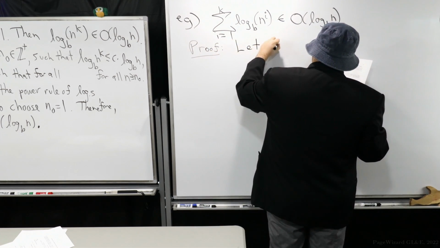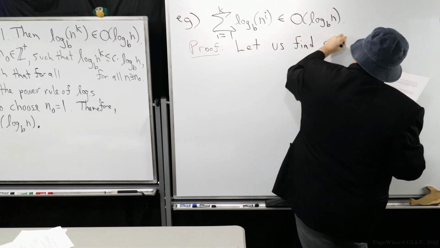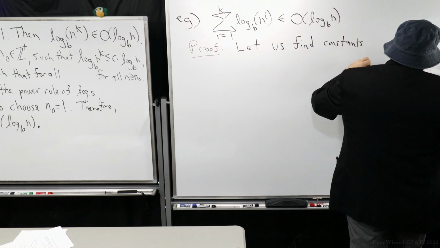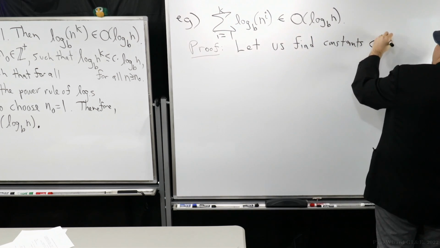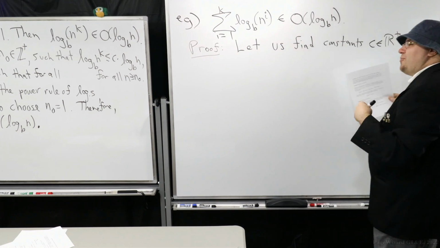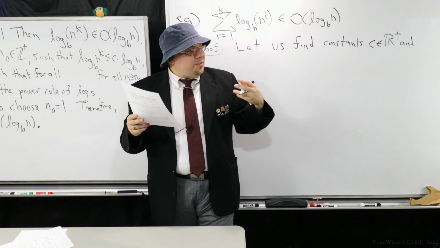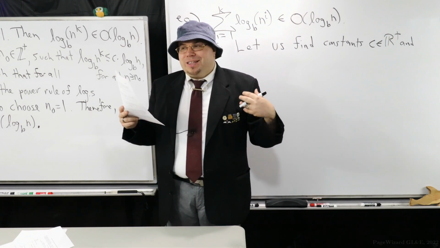So let us find constants. Remember, we always have to write out our game plan. It helps the reader. You'll notice that I'm formulating it in the way the definition would work. If I do this, then I can just invoke the definition, then we're done.